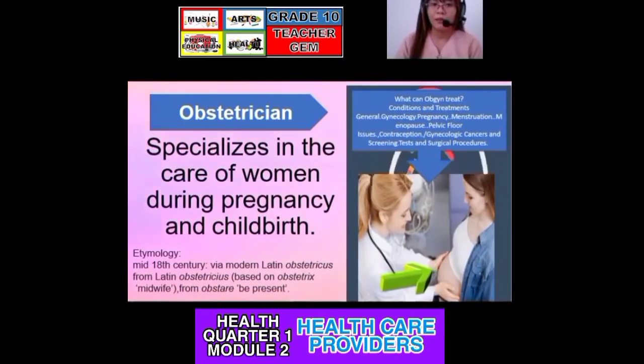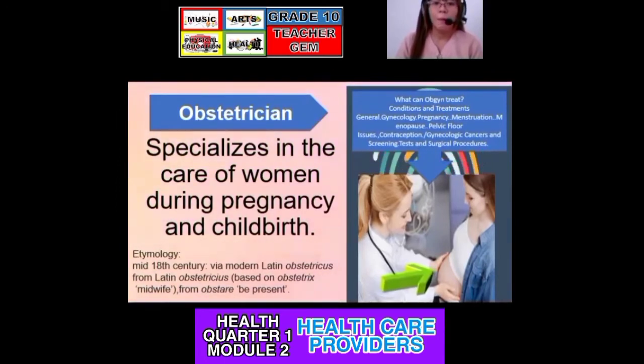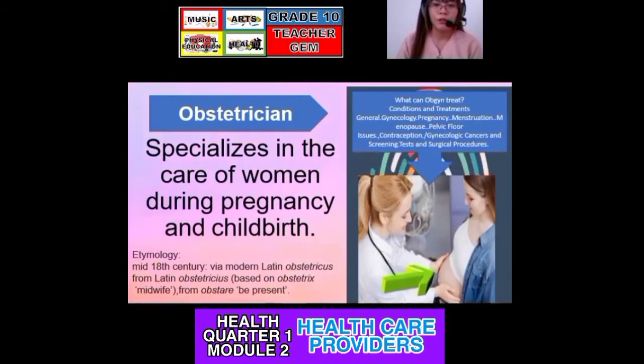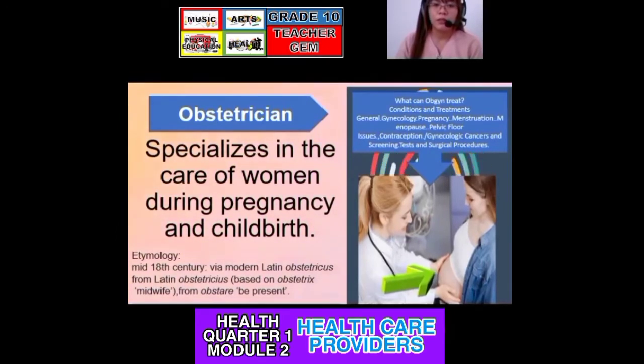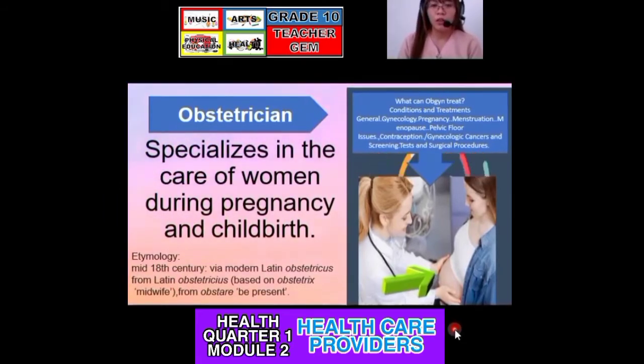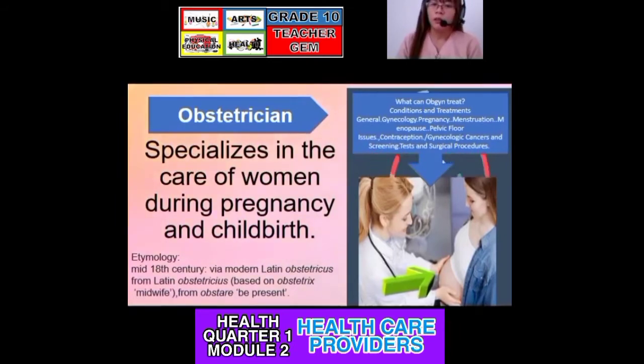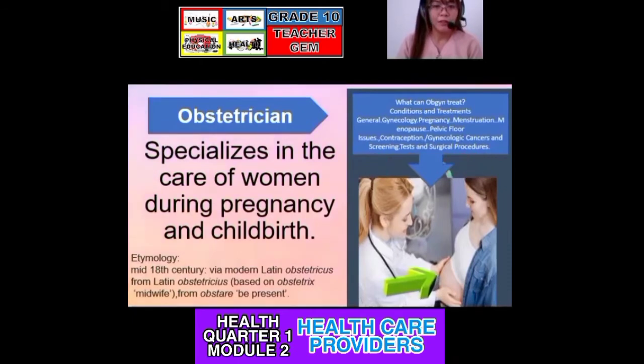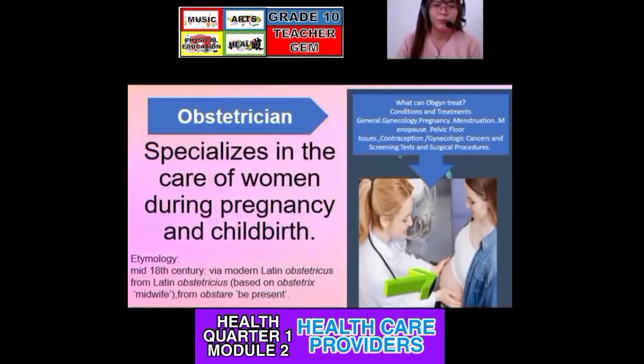Conditions and treatment: general gynecology, pregnancy, menstruation, menopause, pelvic floor issues, contraception, gynecologic cancers, and screening tests. And also surgical procedures in terms of the female reproductive system, referring to pregnancy and also contraception.